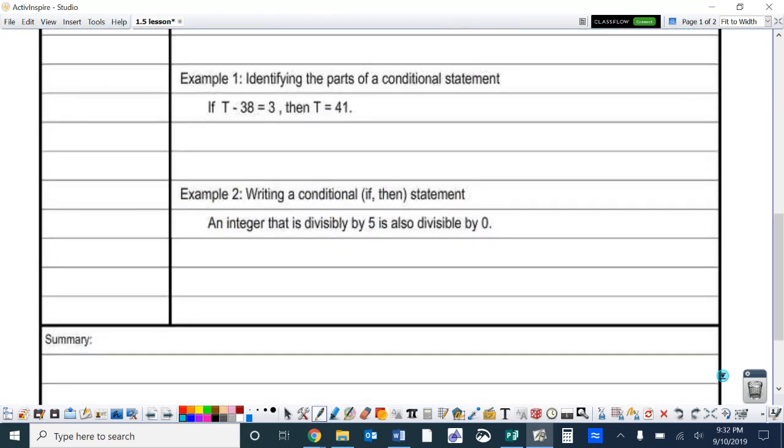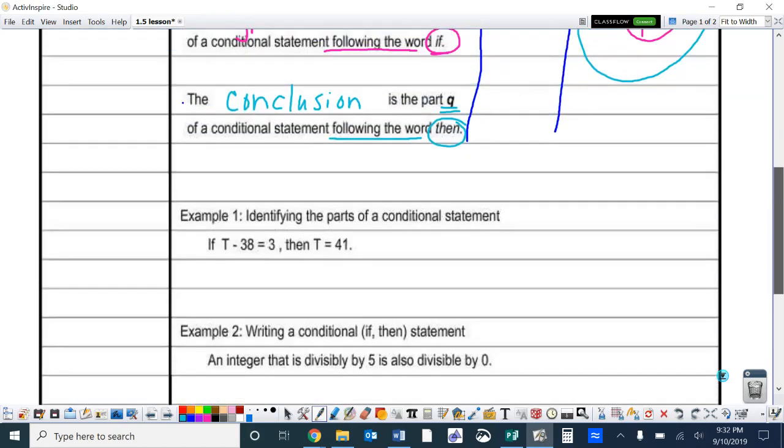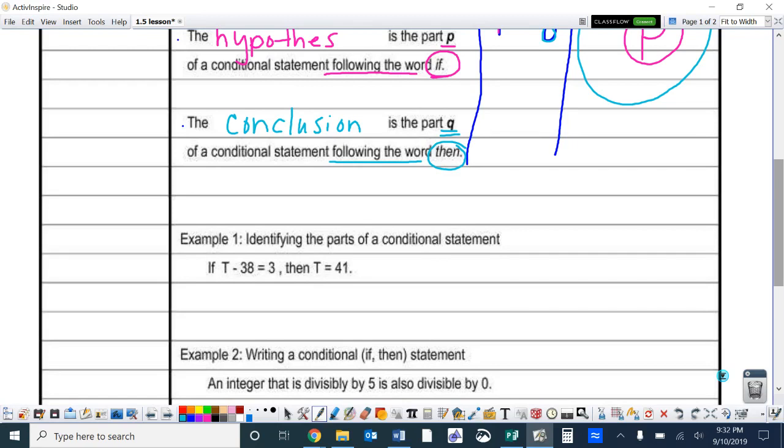Example 1, identify the parts of a conditional statement. So I see the word if and the word then. I'm going to circle those right away. I'm going to single underline the words that follow if. That's my hypothesis. I'm going to double underline the words that follow then. That's my conclusion.